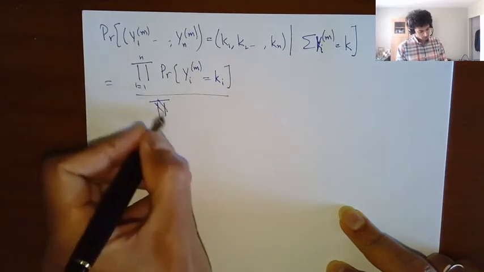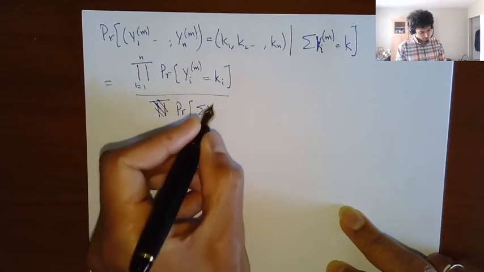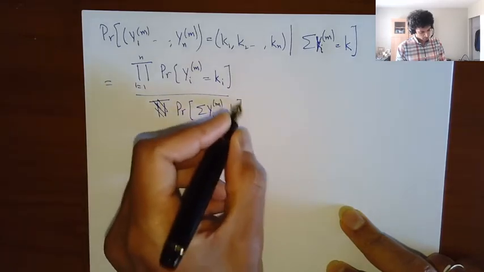There's no product over here; this is just the probability that the summation of yim is equal to k.